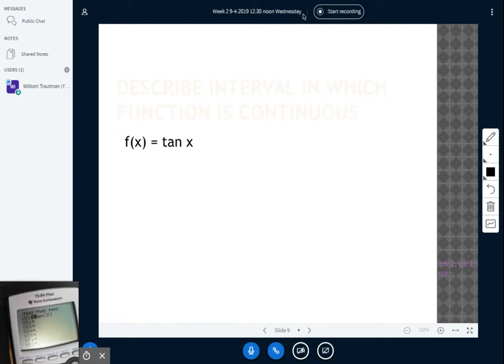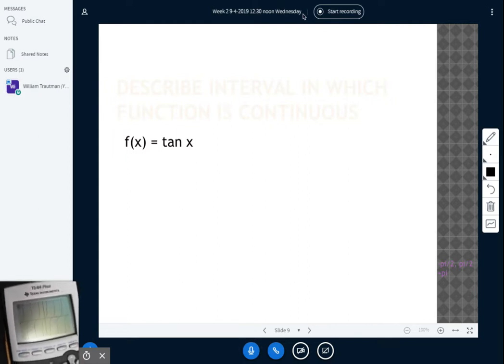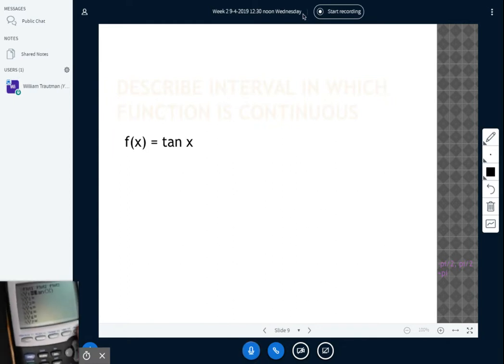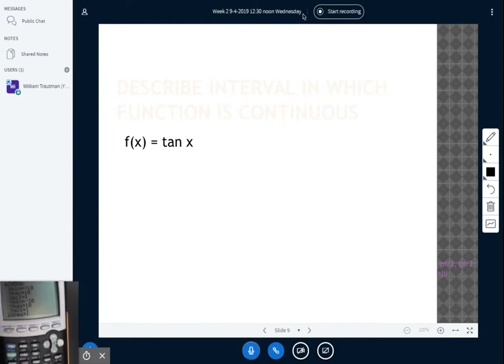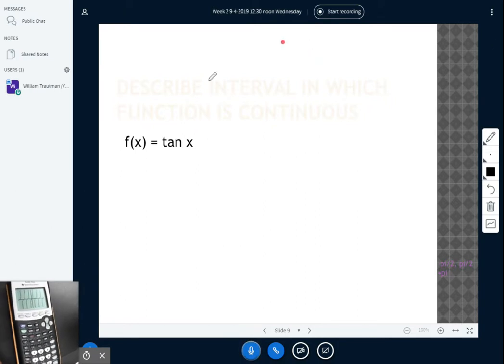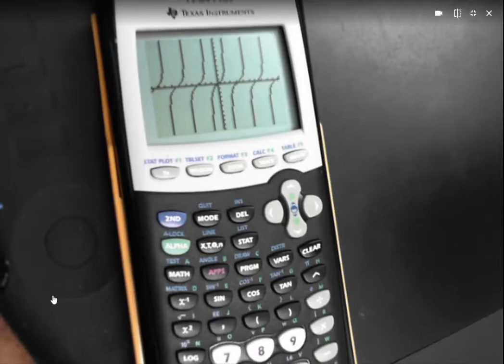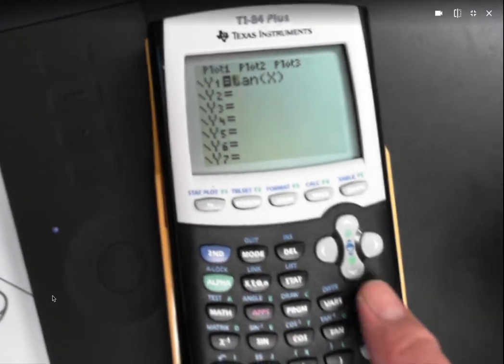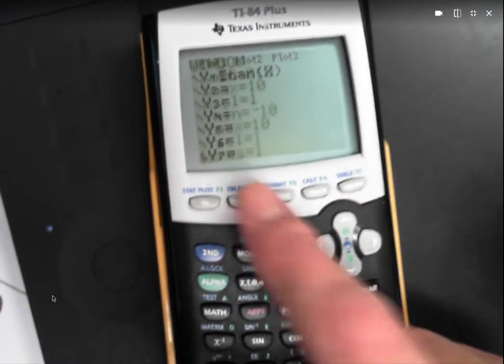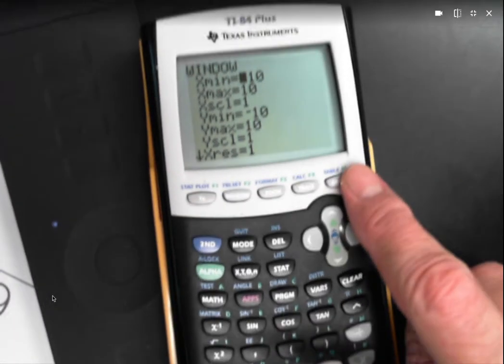So I go to y equals, I type in tangent x. My window's set for -10, 10, and 10, 10. Now if I hit graph, you can actually see the tangent function. There's my window.